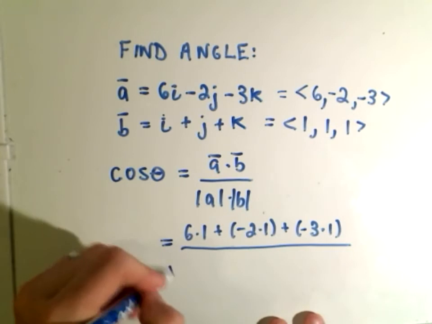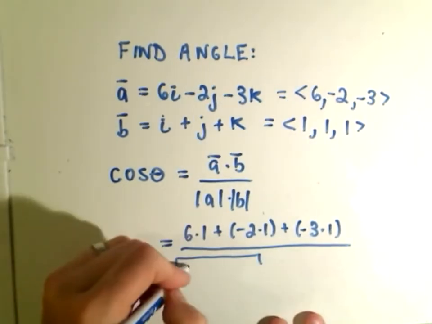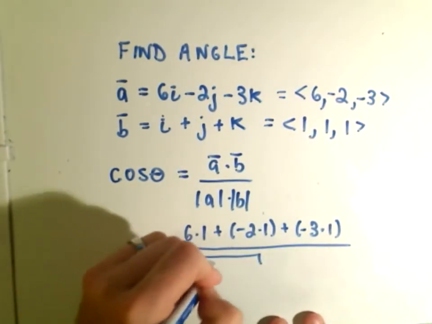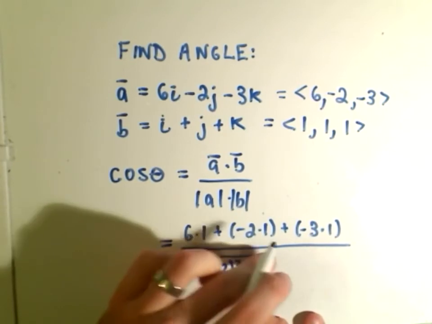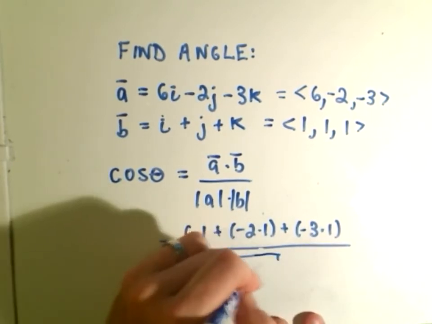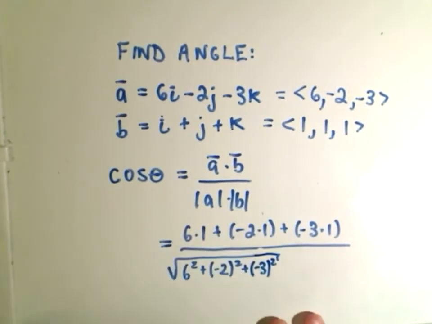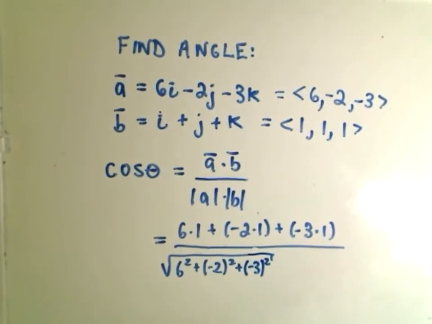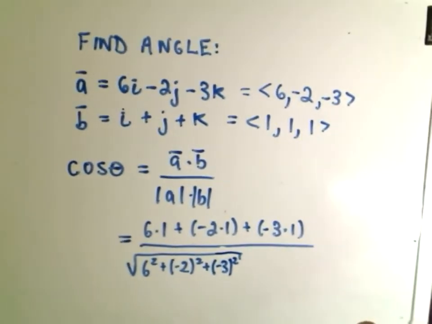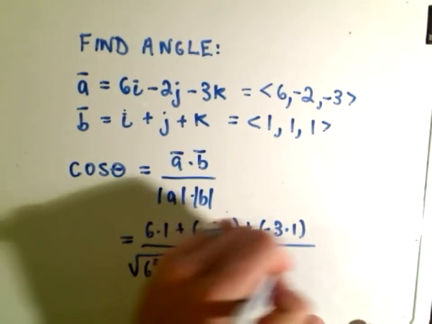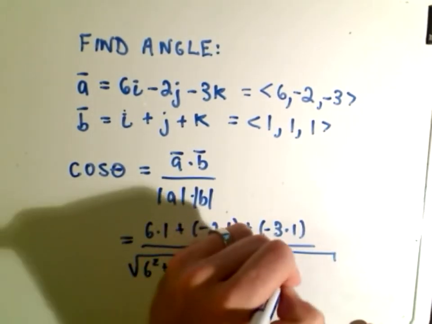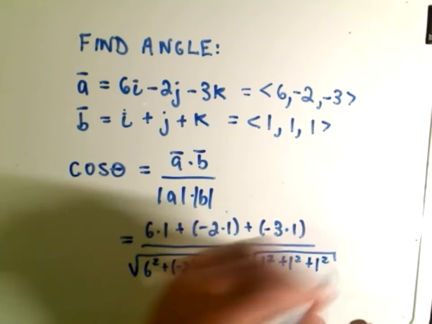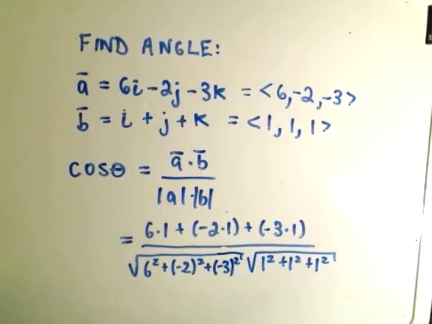For the magnitude, we'll take the first vector and square all the components, so 6 squared plus -2 squared plus -3 squared. And then we'll get 1 squared plus 1 squared plus 1 squared when I find the magnitude of the other vector.